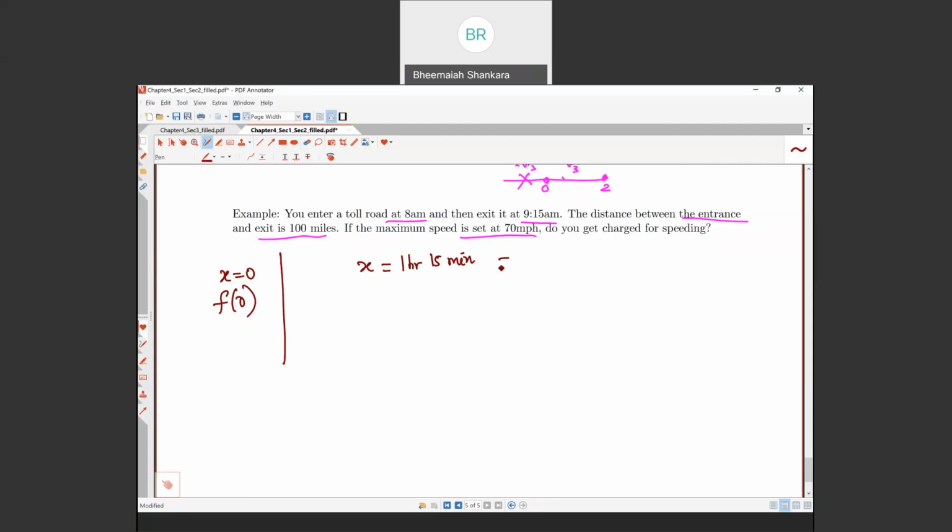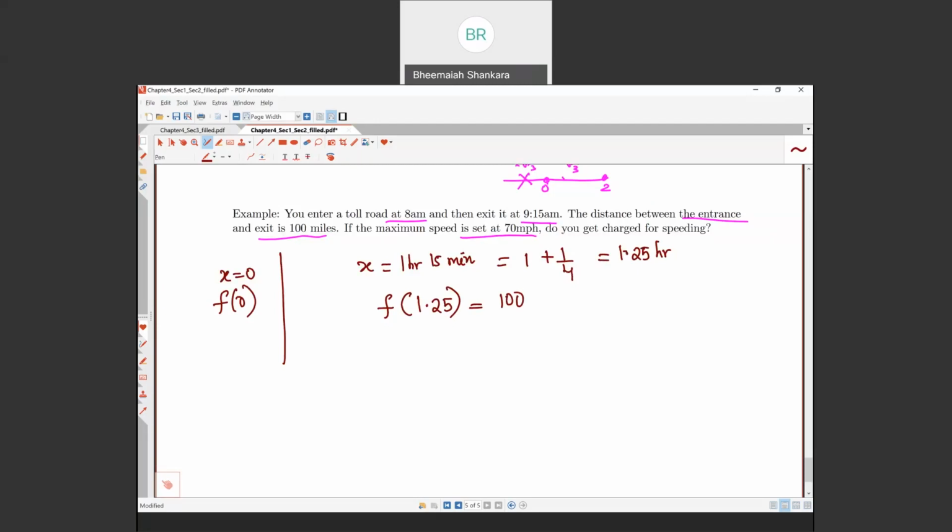So I can write this as 1 plus 1/4. 15 minutes is 1/4 hour. So I'm going to write this as 1.25 hours when I sum these fractions. Then I would like to calculate the functional value at 1.25. So at the end of 1.25, the distance covered will be 100 miles.